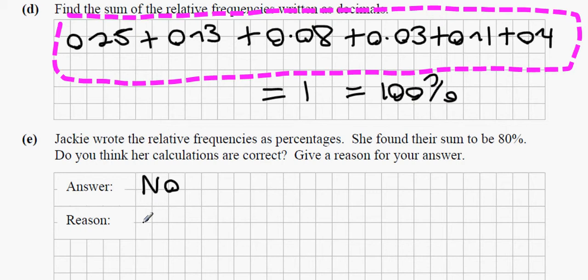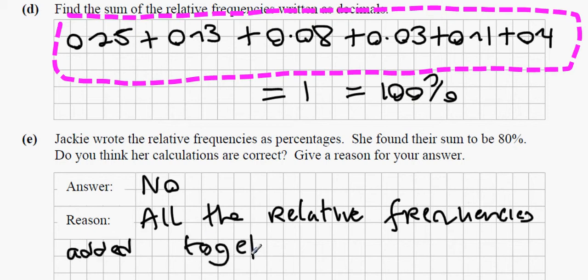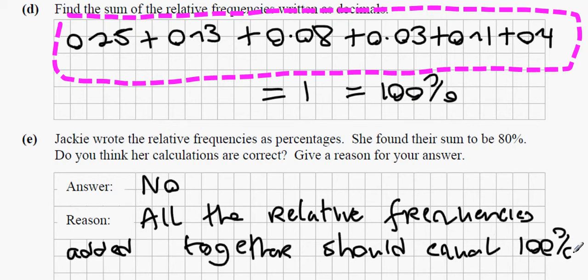All the relative frequencies added together should equal 100%.